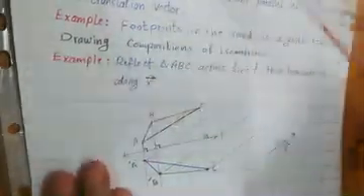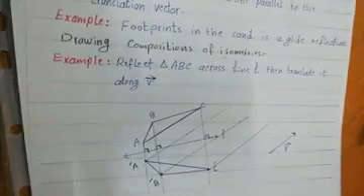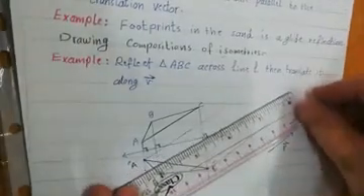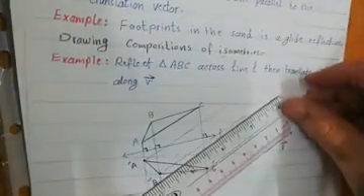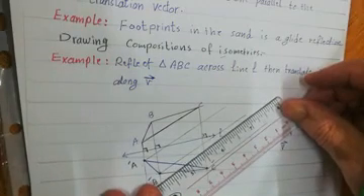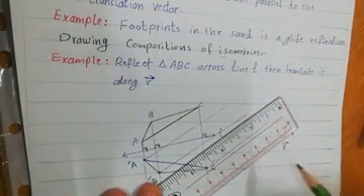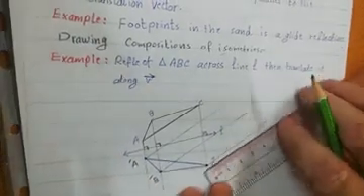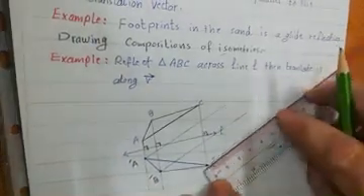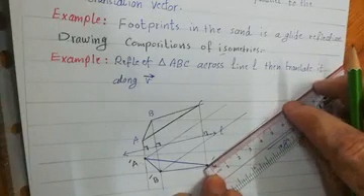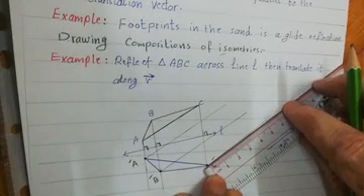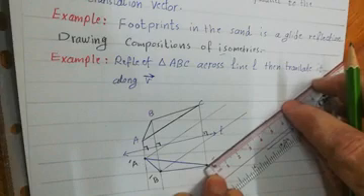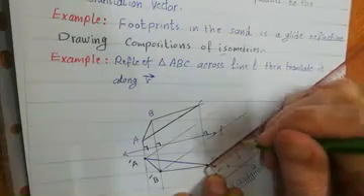Then I will find the length of this vector. It's 2.5 centimeters, so I will translate each vertex 2.5 centimeters along these parallel line segments.